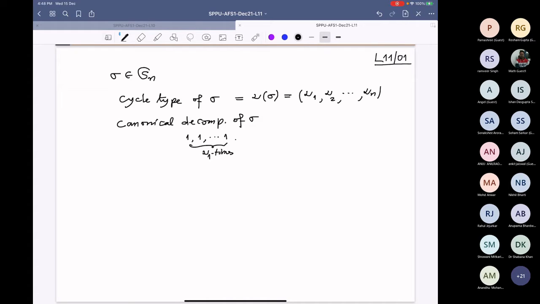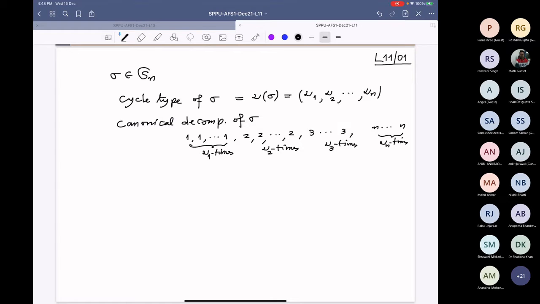Then transpositions, that is 2, 2, 2. So there are mu2 transpositions. 3 cycles, they are mu3 times, and so on. And mu_n, that is n cycles, mu_n times.